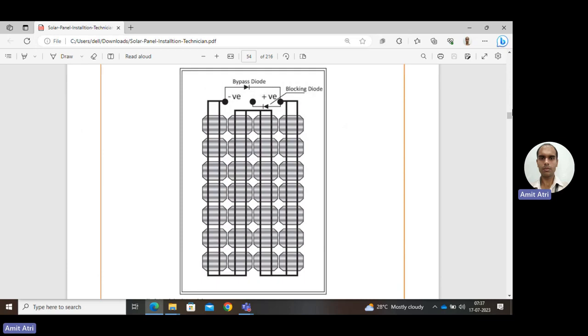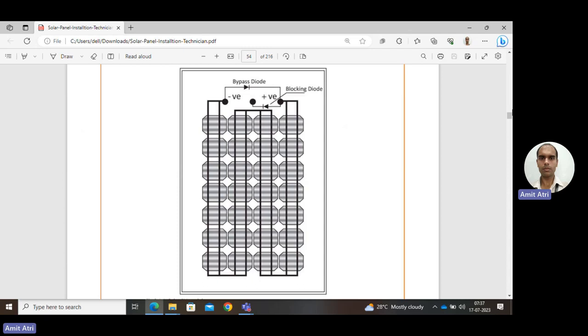A number of solar cells are connected in series, then connected in parallel, so that the total output, the voltage and current available between the positive and negative terminals of the module, is as per our requirement, or can further be utilized.